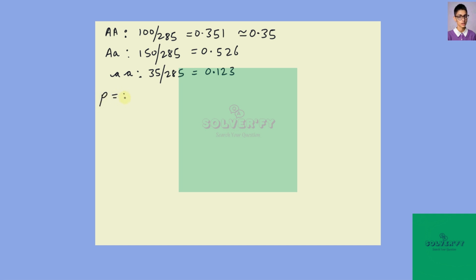P equals 0.351 plus 0.5 multiplied by 0.526 equals 0.614, and the frequency of the allele q is 1 minus p, which will be equal to 0.386.